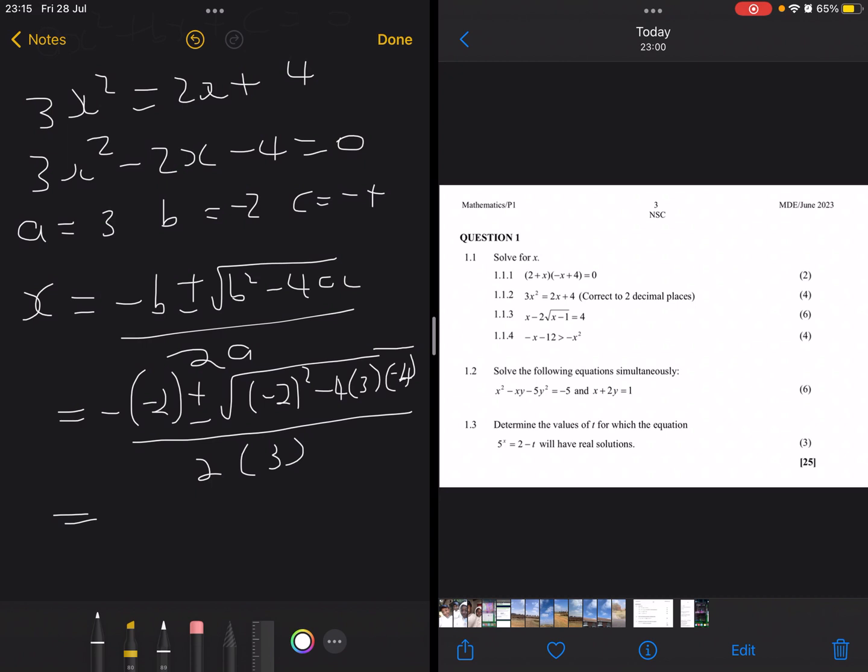Now next step would be simplifying the value of the minus b and also simplifying what's inside the square root, which is your discriminant. Then this becomes a positive 2 plus or minus, and if you punch that in a calculator, that will be 4 plus 4 times 3 times 4, and then that gives you the root of 52 all over 6.